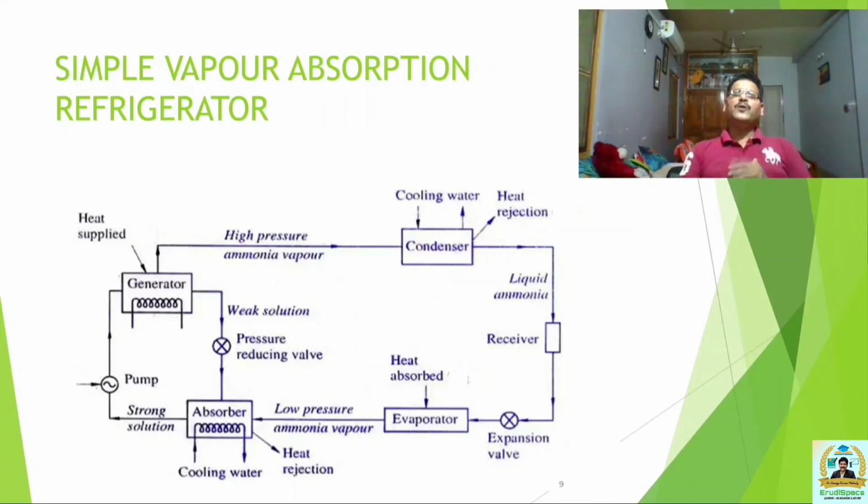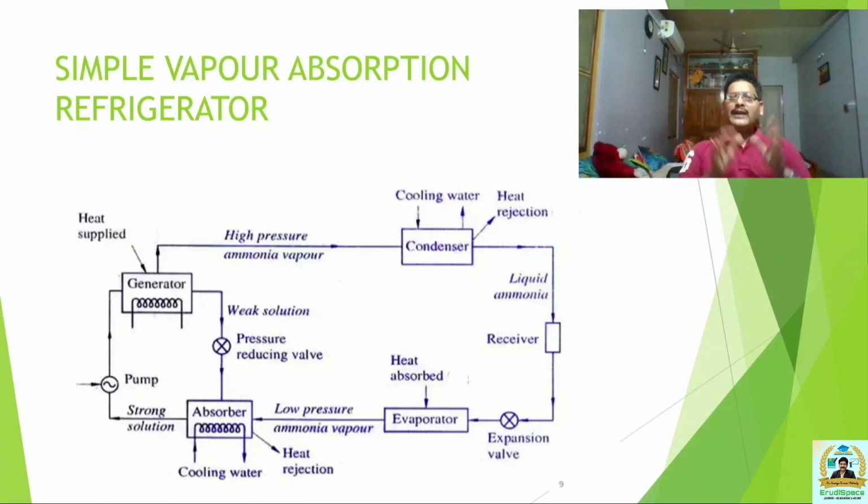Out of these four essential components, three components, your condenser, your expansion valve, and your evaporator, are part of the Vapour Absorption Refrigeration System also. But a system comprising an absorber, a pump, a generator, and a pressure reducing valve performs the same function as that of a compressor of a Vapour Compression Refrigeration System.